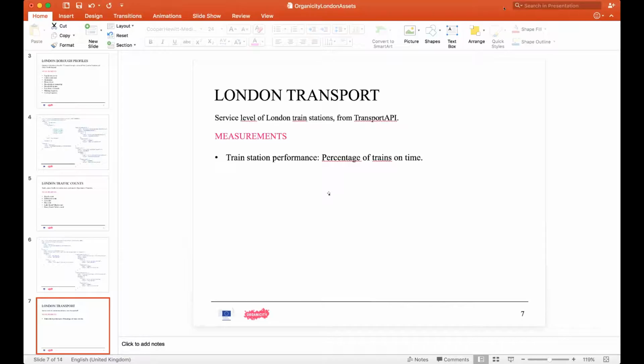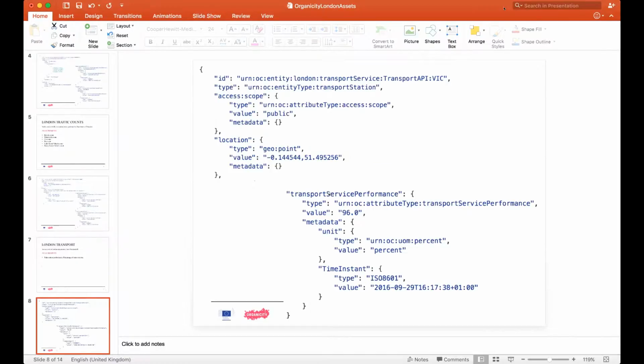So just to jump directly to an example, here we get Victoria Station in London, and we get the location, and we see that at this point in time there were 96% of trains that were on time.